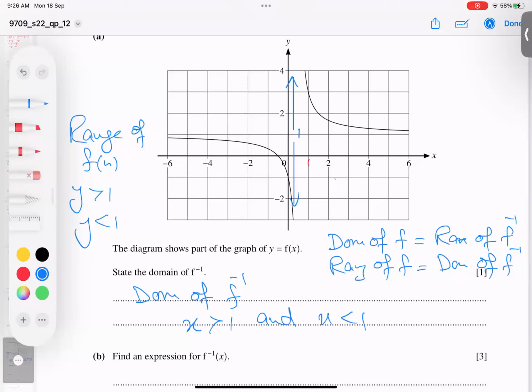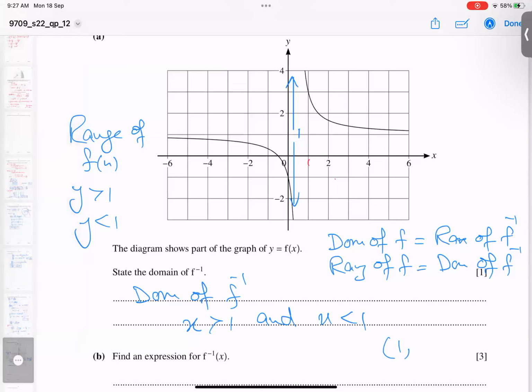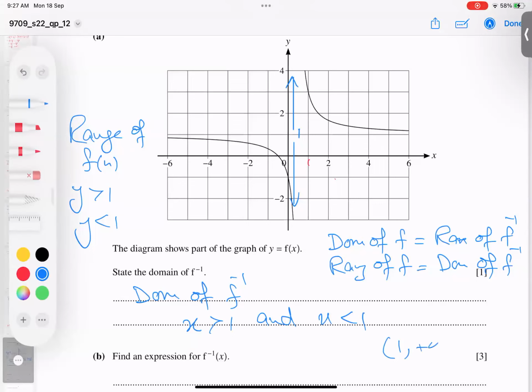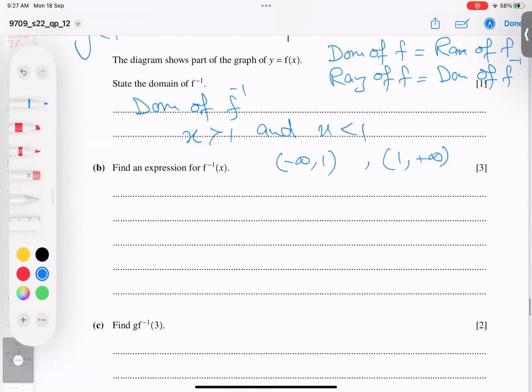Or I can write it another way, going forever till infinity: negative infinity to 1, and 1 to positive infinity. This answer is also correct.